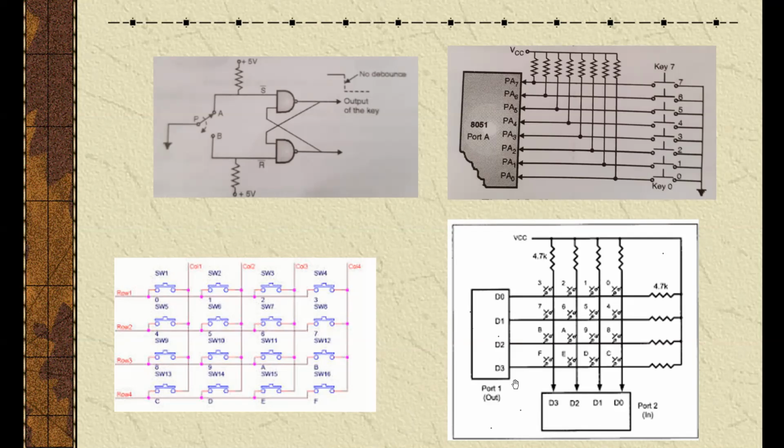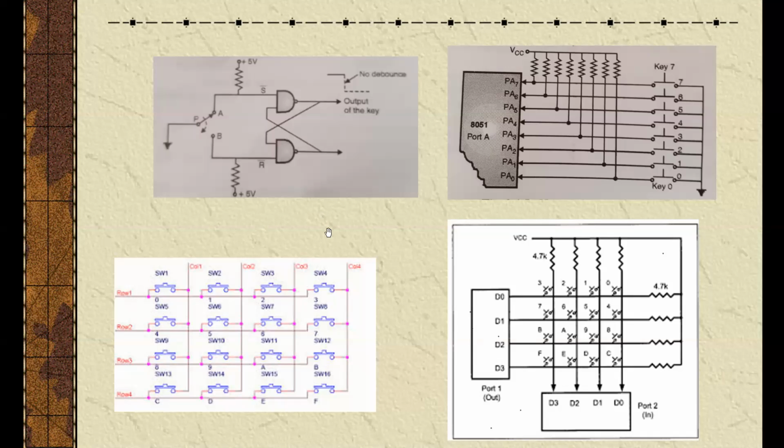Then I read the status of the return lines. A 0 on any return line indicates that a key is pressed on that column. So activate the key from the next column, then repeat the same steps for each column.